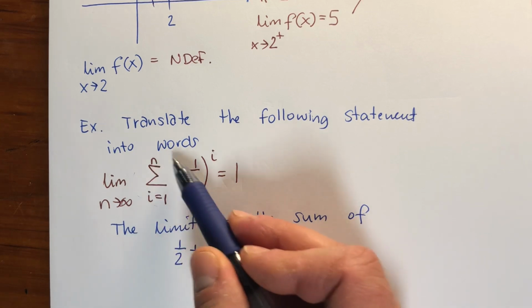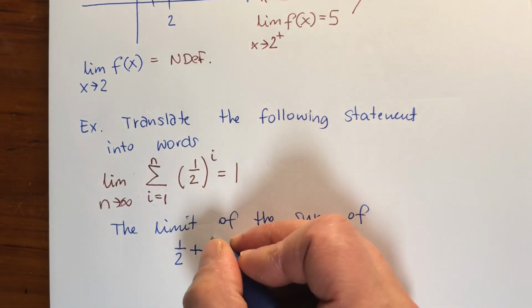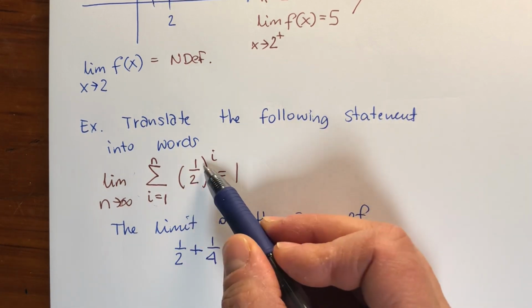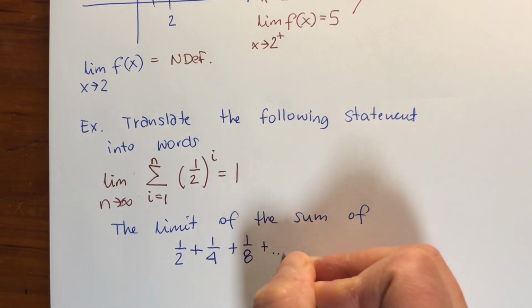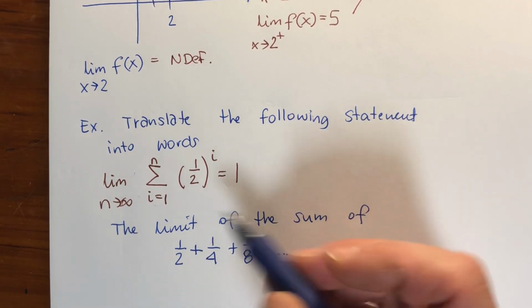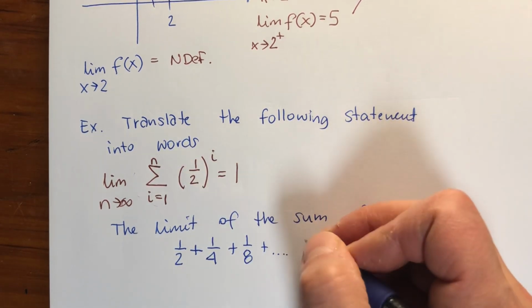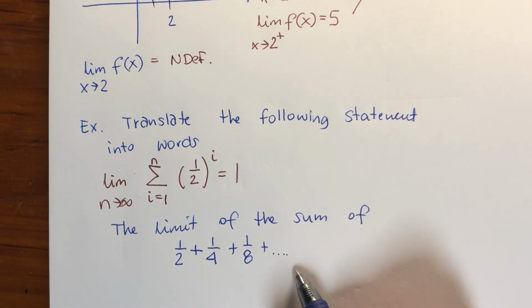Now the i is changing, so now we are going to take the next i, so it's 2, so this is going to be 1/4. Next one is going to be, if this is 3, then this is 1/8. And then we do see that this pattern is going to continue forever because we are going up to the nth term. And we know the limit of the sum as this is going to happen.